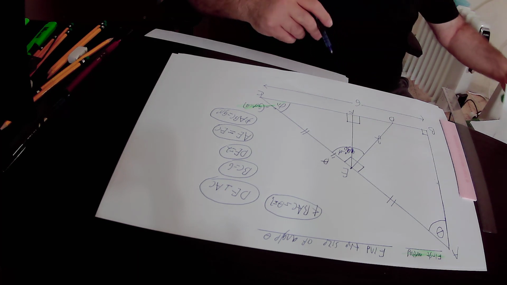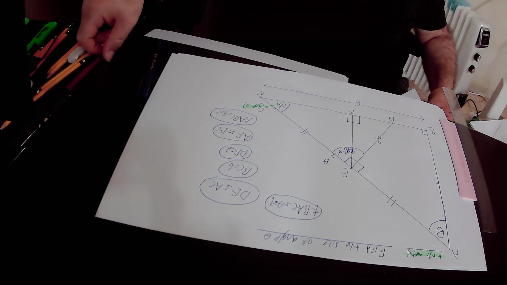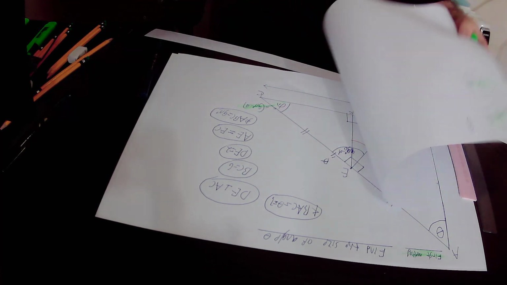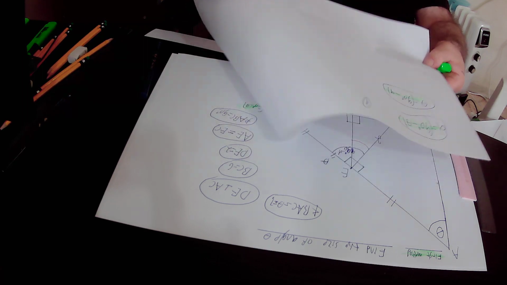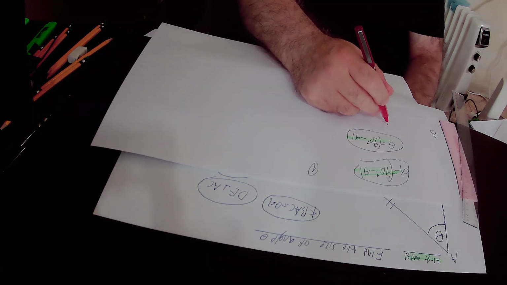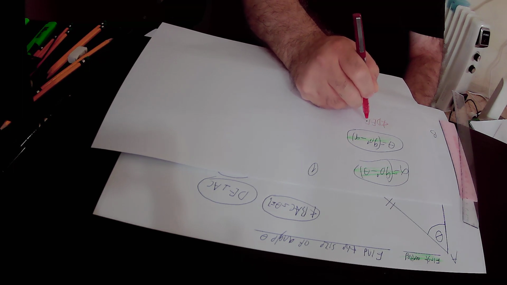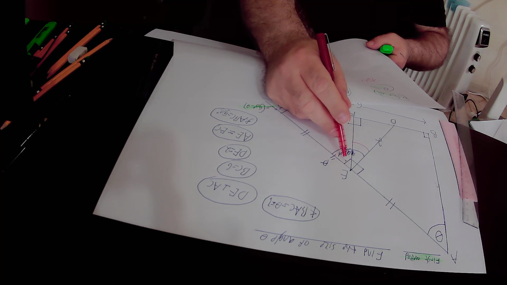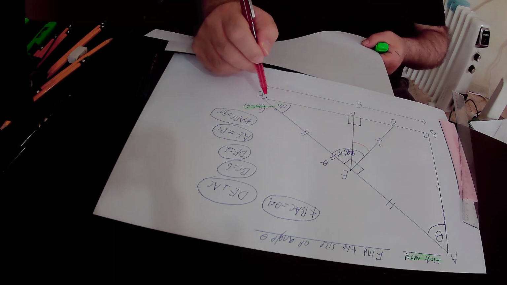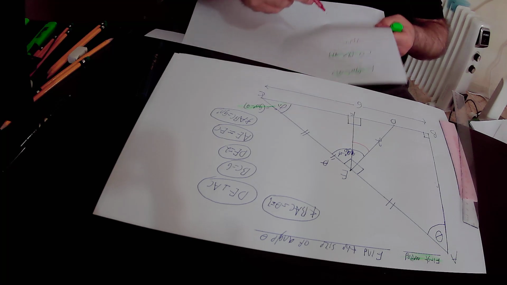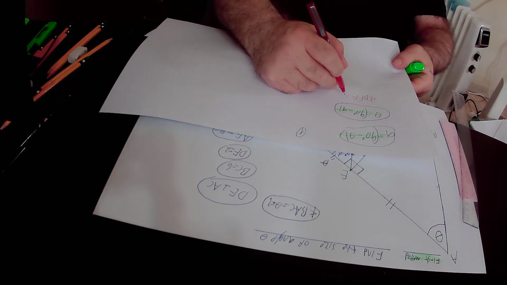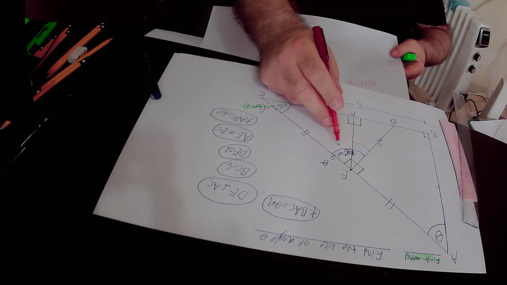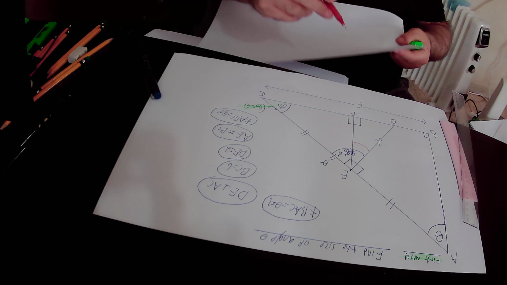I will repeat again, the missing angle, angle DEF, is equal to 90 degrees, this angle, angle DEC, minus the size of this angle, that is 90 degrees minus alpha.